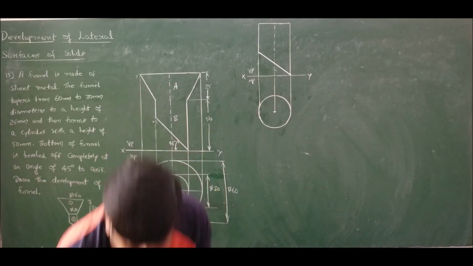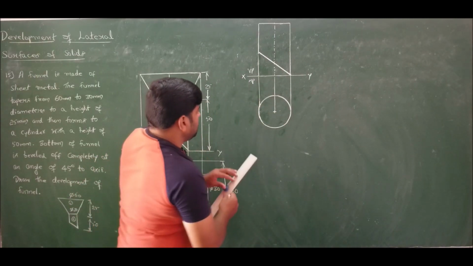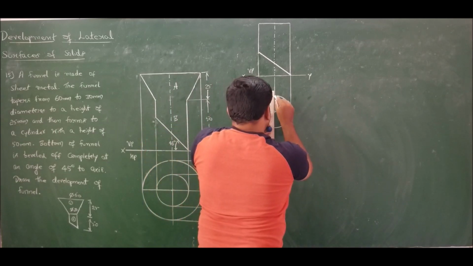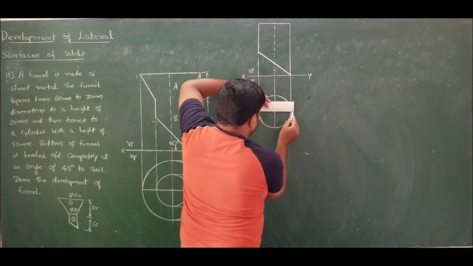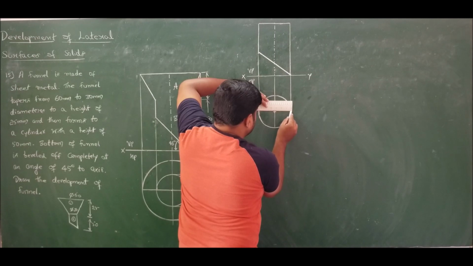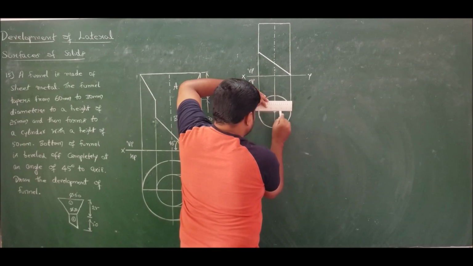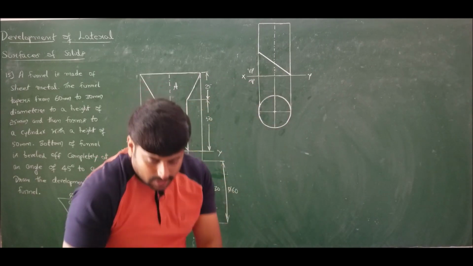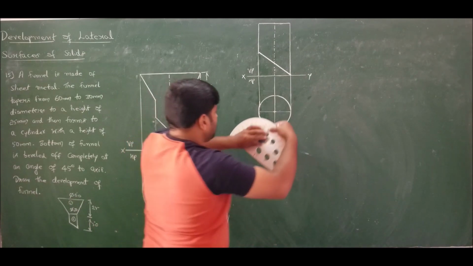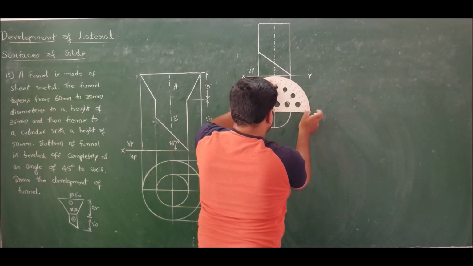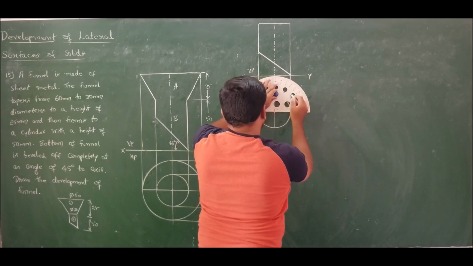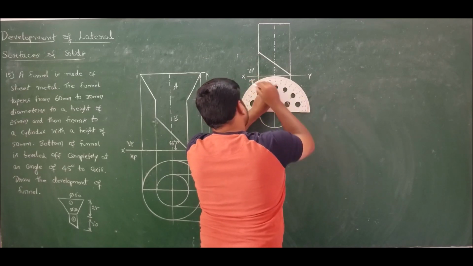Now we know that in order to develop cylinder, we want 8 divisions. Therefore divide this into 8 equal parts, that is, draw sections at angle of 45 degrees. Here also you measure 45.